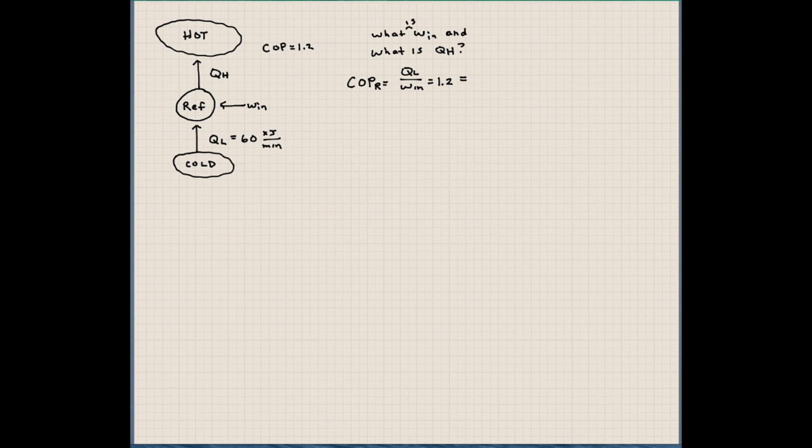QL is 60 kilojoules per minute. And work in is one thing that we're trying to find. So solving for work in, we can show that work in is equal to 833 watts.